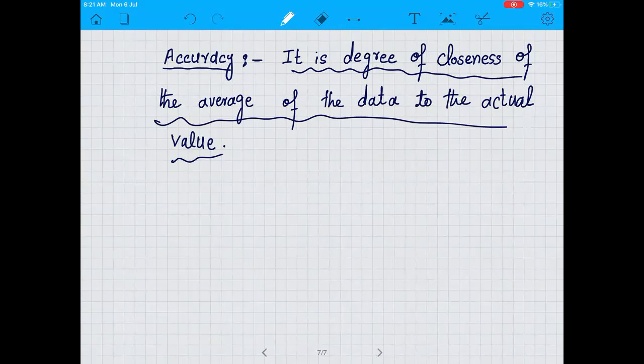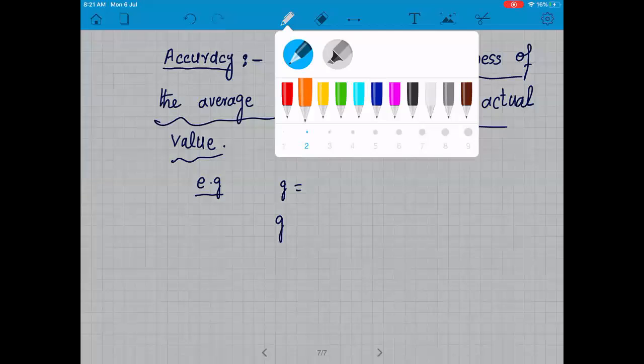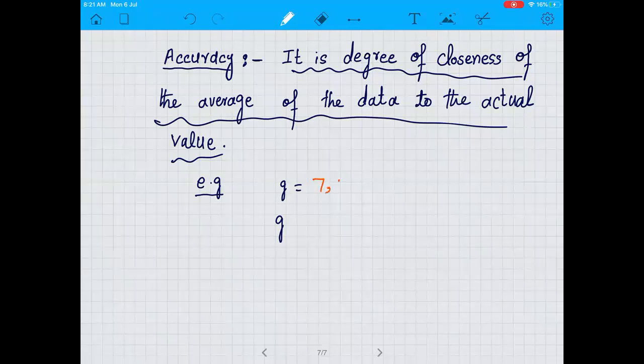Just for example, two students perform an experiment to calculate G. Data obtained by student number 1 was, he always achieved a value of 7. So his average will be, as you see, 7 meter per second square. The second student achieves values 5, 10, 15.